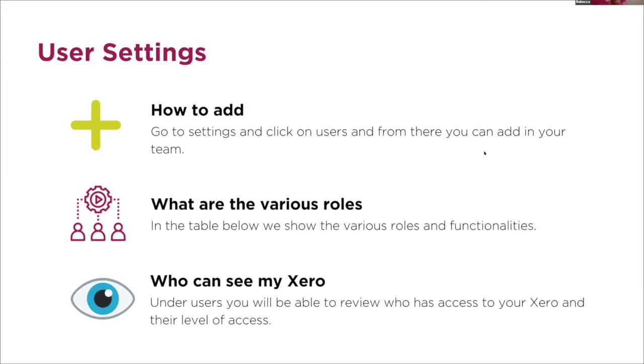So to add somebody in, we're going to go to settings and click on the users. You can then see there'll be different tabs to select whether they're going to be payroll, business, and you can then start to see which role would you like them to do. But again, under that list, you're already going to see who has access to your Xero and what level.